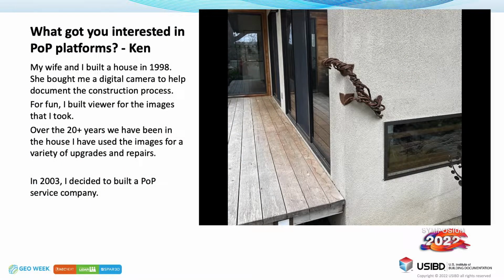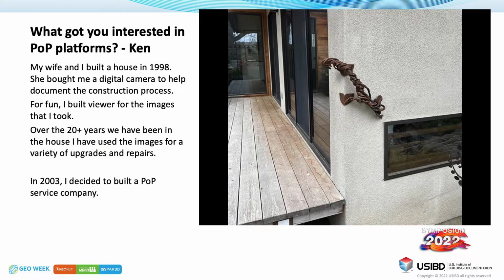My wife and I built a house in 1999, and just before we built the house, she bought me a state-of-the-art digital camera, which was a 3-megapixel, $800 fixed focus camera.